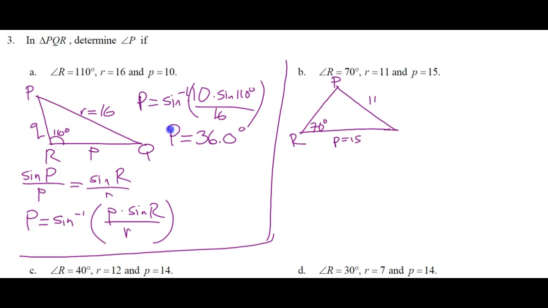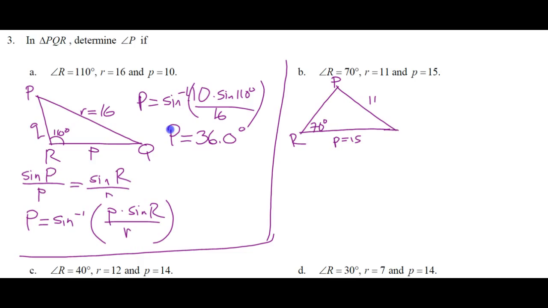Bigger. How do you know it's bigger? Yeah, P is longer. So angle P is bigger, right? So if it doesn't give me an angle bigger than 70 degrees, then for sure I need the quadrant 2 angle, right? So that's why you draw the diagram. Oh, look, that's larger. Okay, that angle has to be larger.